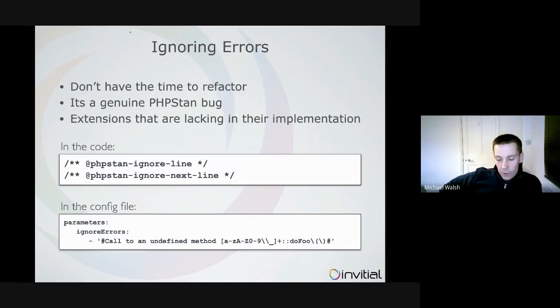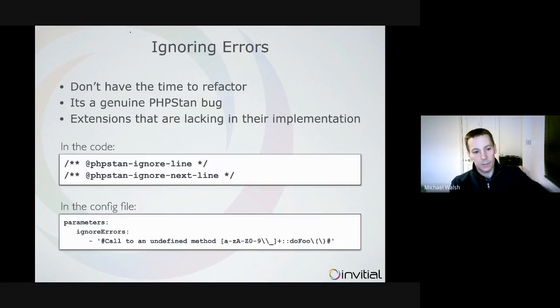And if you're using an extension or you've built an extension, the extension might not fully understand what you're trying to do, and it might be throwing a false positive, or an error that's not applicable in that specific situation.